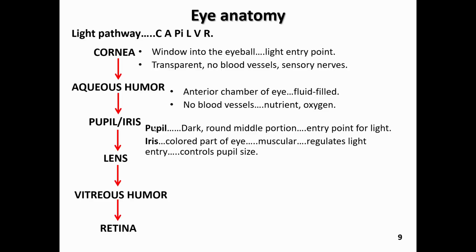So the pupil is the small dark part where light actually enters, but if the iris contracts or relaxes, it will expand or decrease that entry, regulating the amount of light that moves in by controlling pupil size.